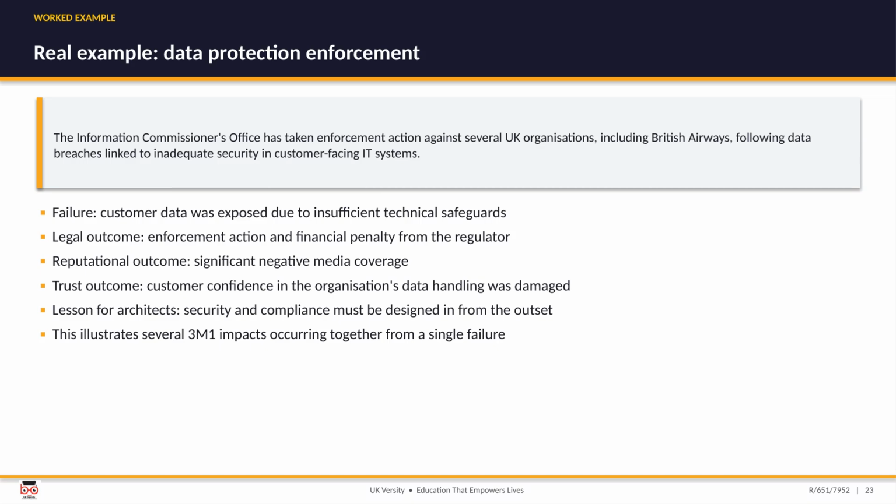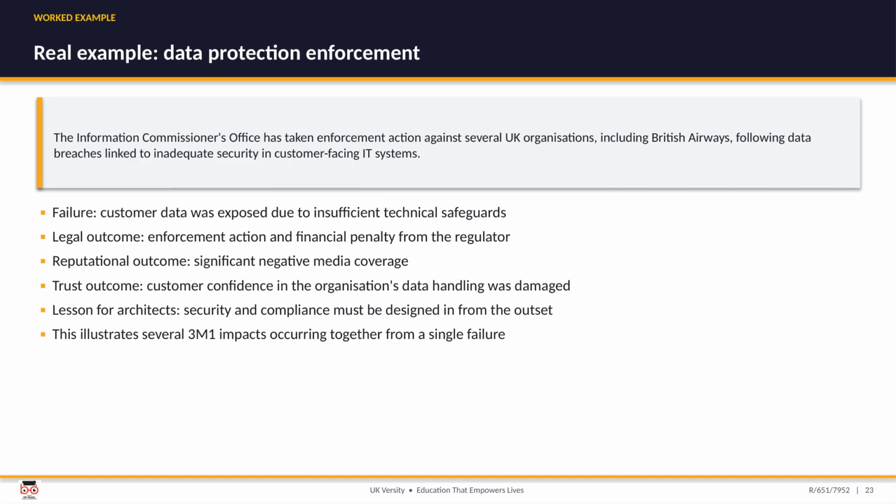The legal outcome was enforcement action and a financial penalty from the regulator. The reputational outcome was significant negative media coverage, and customer confidence in how the organisation handled data was badly damaged. The lesson for architects is that security and compliance have to be designed in from the very outset.